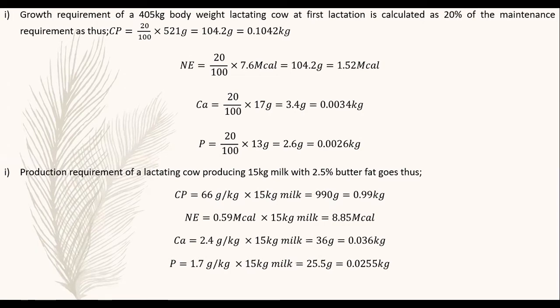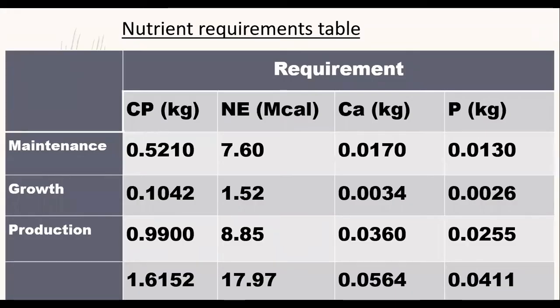If you check the previous table under the dairy nutrient requirement per day, for any additional 2.5% of butter fat inside their milk, the additional crude protein that is required is 66 grams. So 66 grams per kg, and we're having 15 kg of milk. That means we multiply 66 by 15 kg of milk. It will give us 990 grams. The same for the net energy, the calcium and the phosphorus.